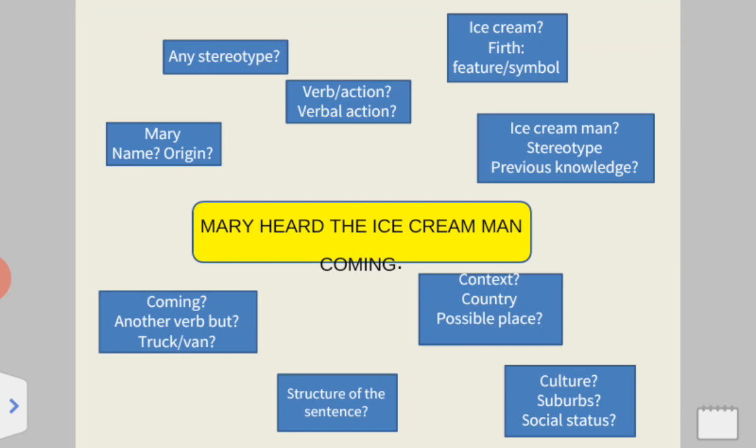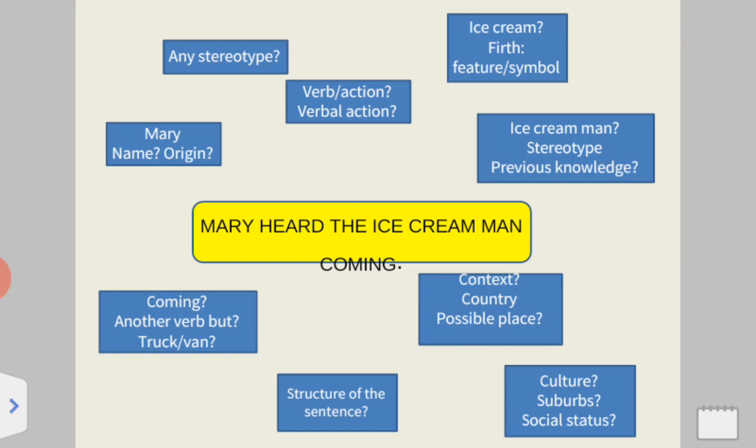Since we're talking about an ice cream man coming, we could draw that this is happening, or this happened, in the suburbs, fairly far away from the city, right?